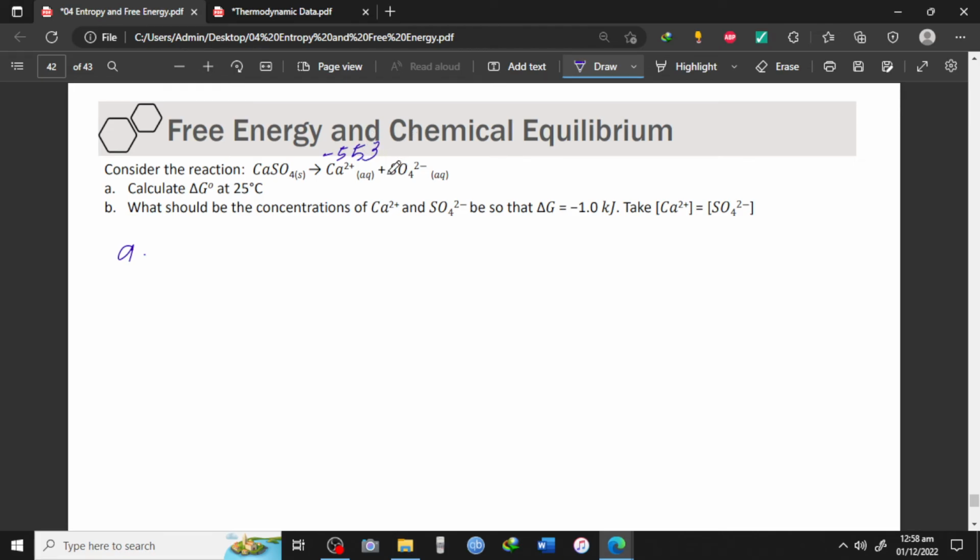Tapos, for sulfate, that is negative 741.99. Tapos, si calcium sulfate ay negative 1,320.3. Lahat yan naka-kilojoules per moles.